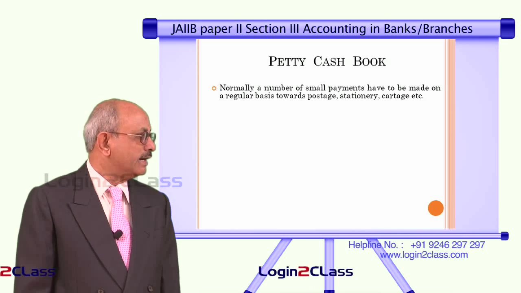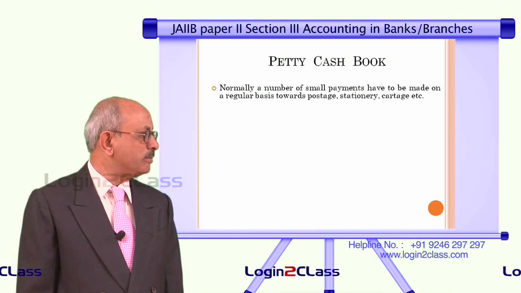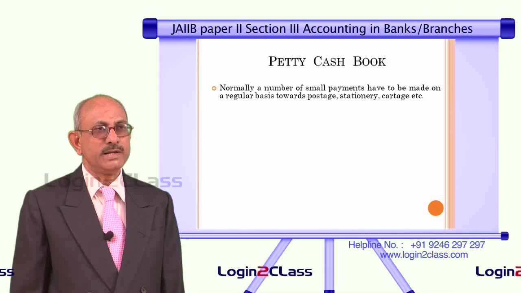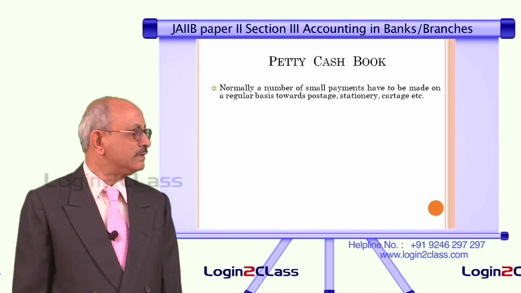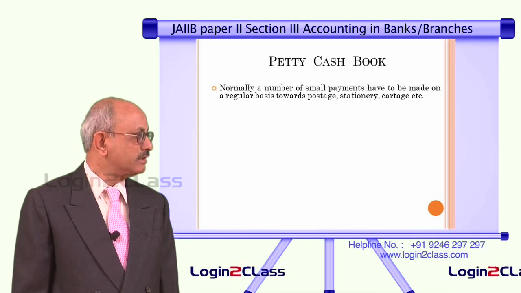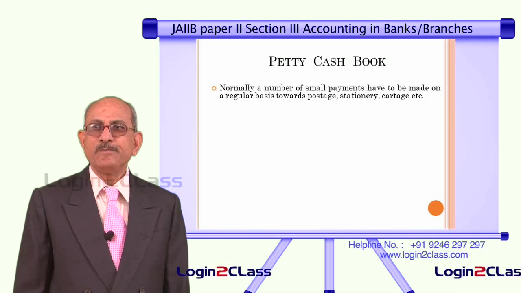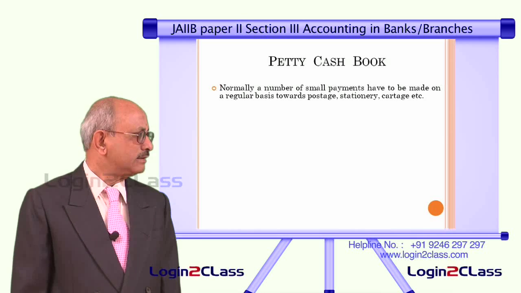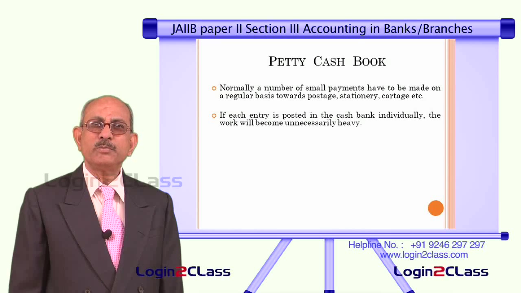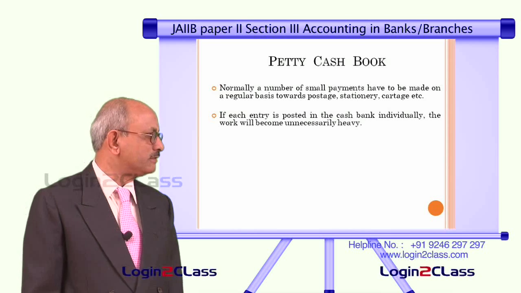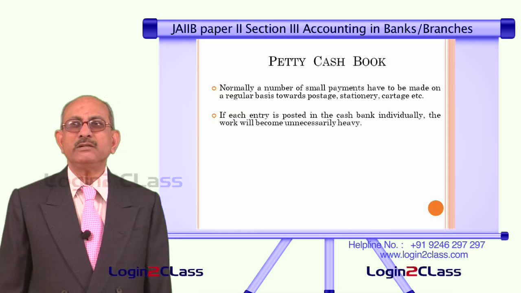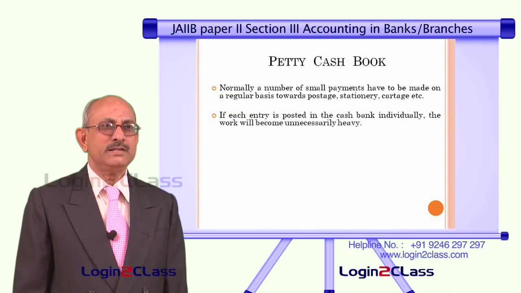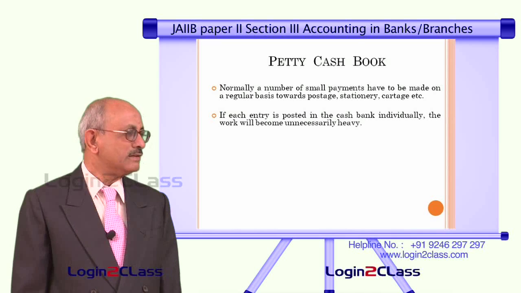As you know, a number of small payments are required to be made on a regular basis by the entity, maybe to take care of small expenses like postage expenses or purchase of stationery or payment for carriage inwards, etc. If each entry has to be passed for 10 rupees, 15 rupees or 50 rupees individually, the work will unnecessarily become heavy.